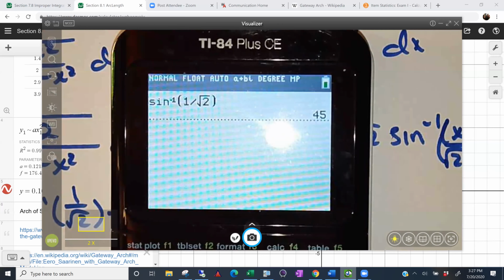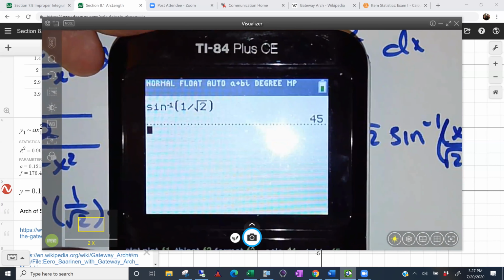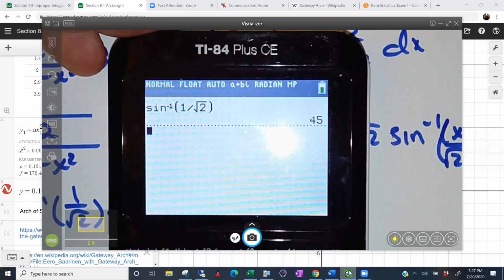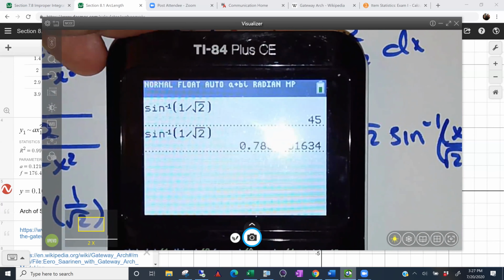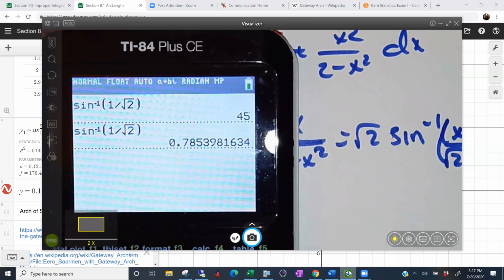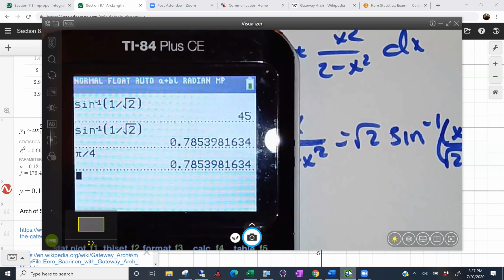And now let me address the question of, well, why did I put this in degrees? If I put this in radians and did the exact same thing, is anyone going to recognize that? Are you going to look at that and say, oh, I know what that is? That's pi divided by 4. Not very easy.